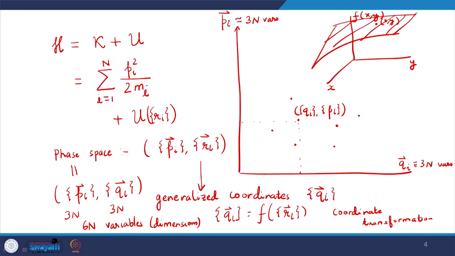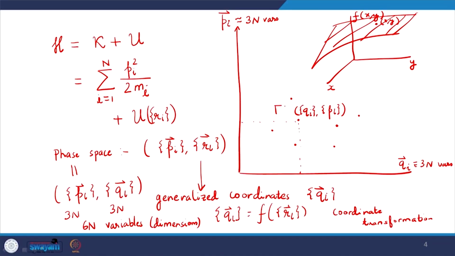So, if I have to represent the phase space, this is one way of doing it, and always keep in mind that this is no longer a 2D plot that we are used to, but nonetheless every point on the plot represents a unique value of the set of momenta and a set of generalized coordinates.